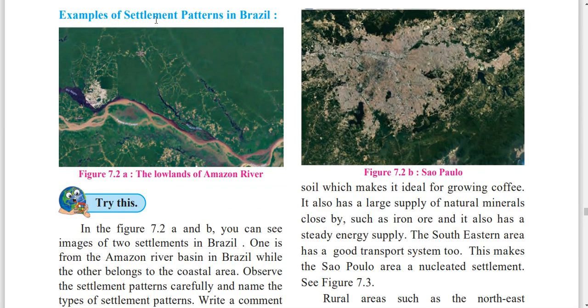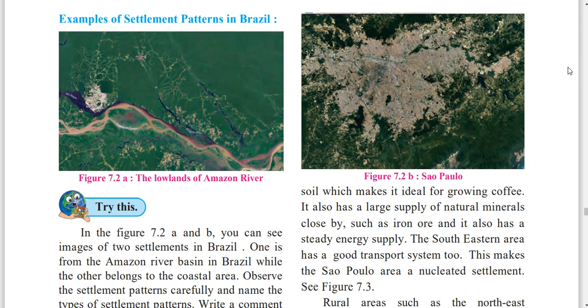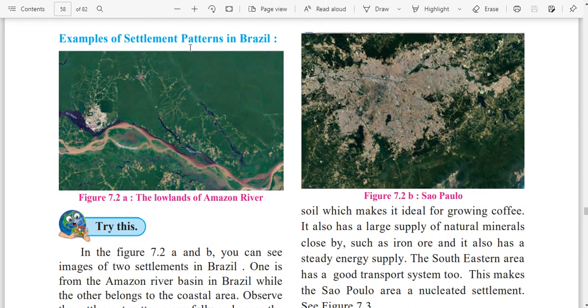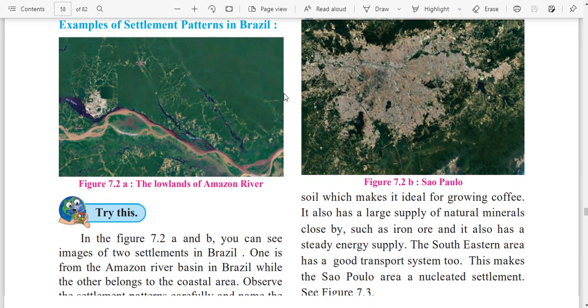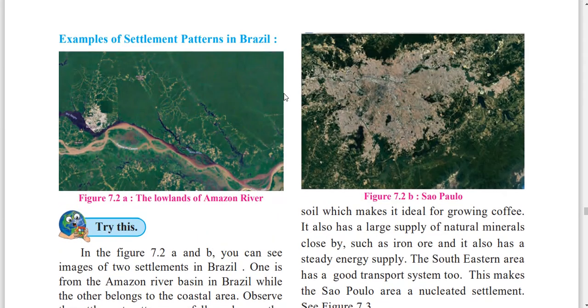Now, examples of settlement patterns in Brazil. Figure 7.2a, the lowlands of Amazon River, and 7.2b, Sao Paulo.